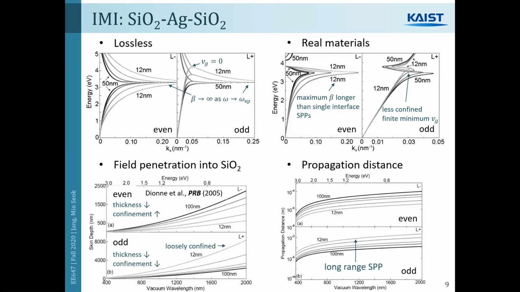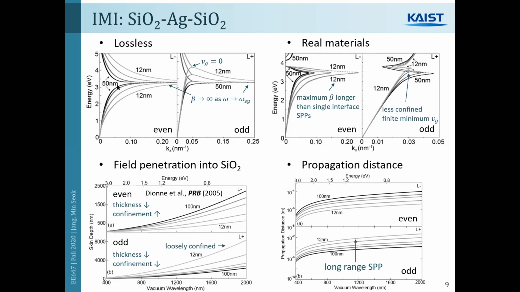Okay, so here is how the actual IMI waveguide works. You can ignore the curve above. This is an SiO2, silver, SiO2 waveguide, and here we draw the even mode and odd mode.